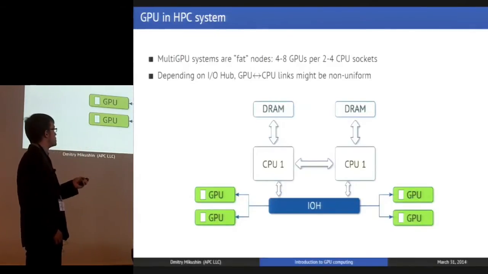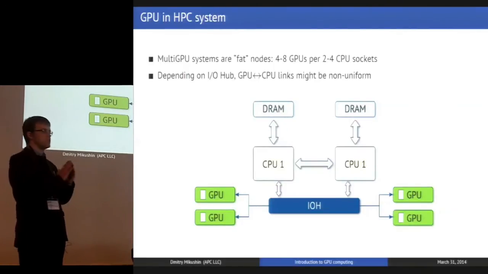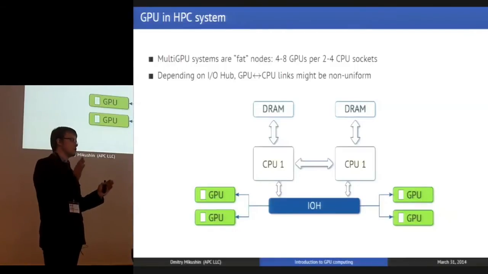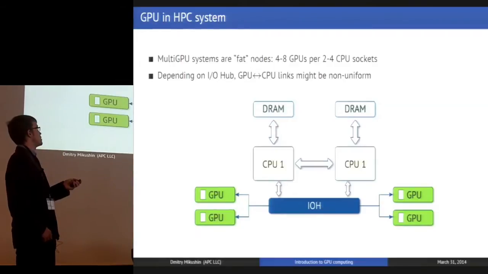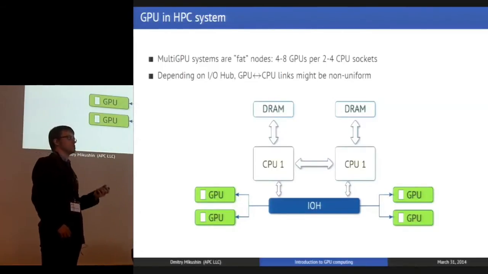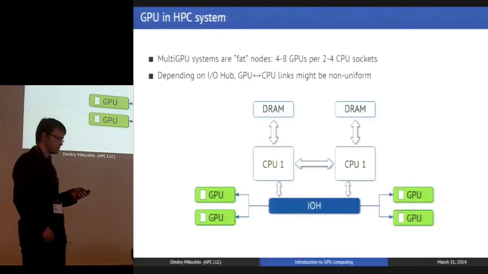Please note that depending on the I/O hub, if we have one I/O hub or separate I/O hubs for each individual socket, our system may subdivide into two parts with slower interconnection, which means that with respect to GPUs and their host CPUs, we may have the near pair and the far pair, which is a NUMA system with respect to GPUs.